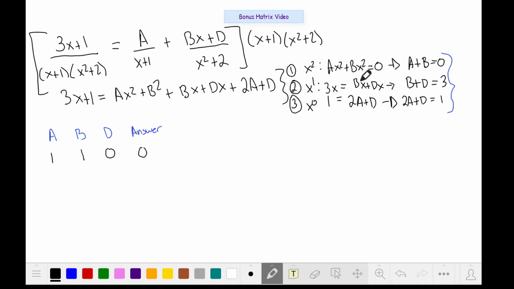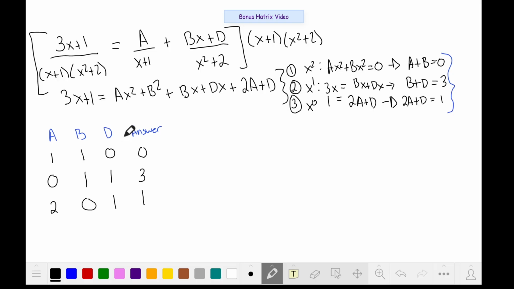For equation number 2, b plus d equals 3, we have no a's, so that's a 0. And what we have is 1b, 1d, and the answer was 3. And then finally, for the third equation, we have 2 a's, no b, because there's no b in this equation, 1d, and the answer was 1.